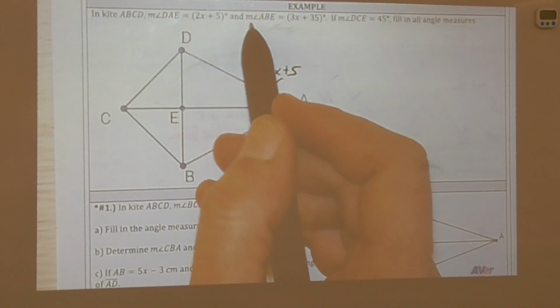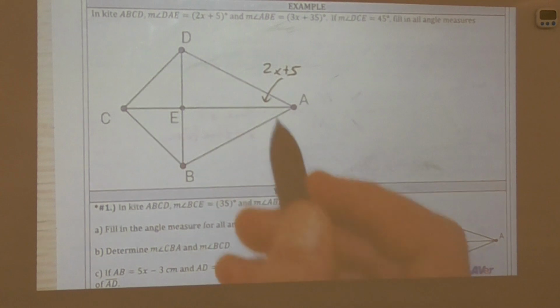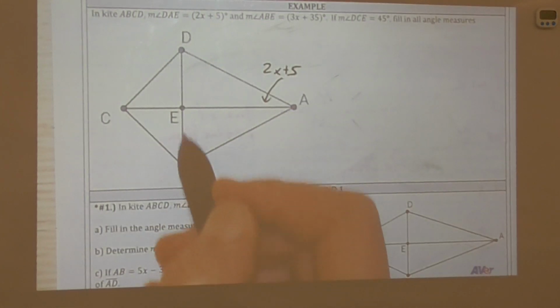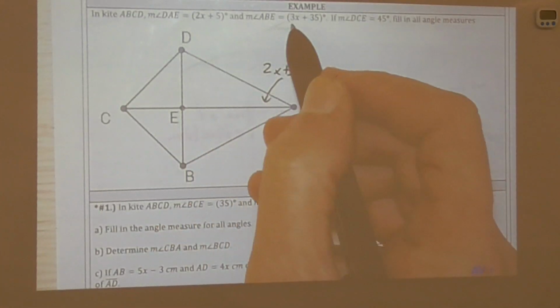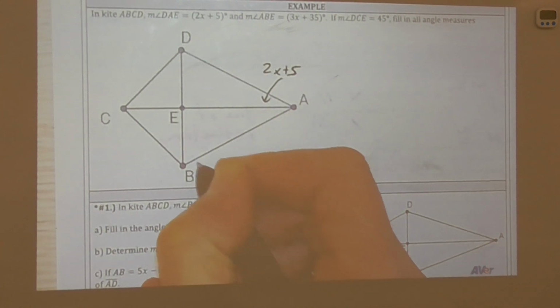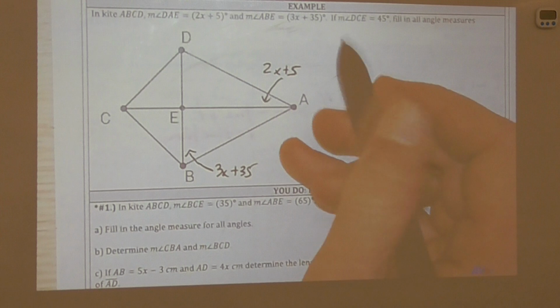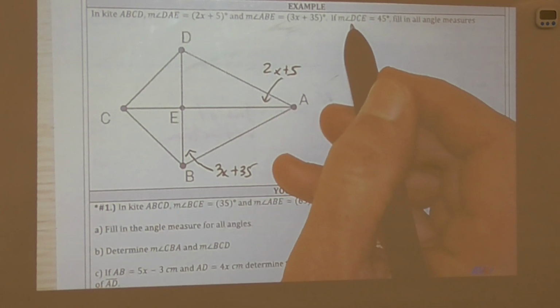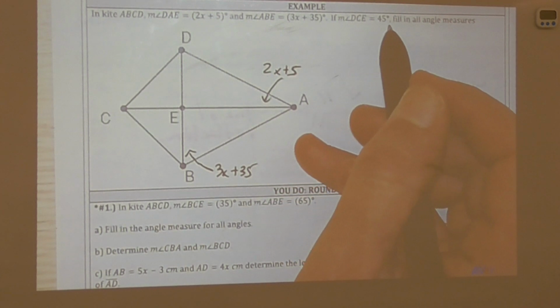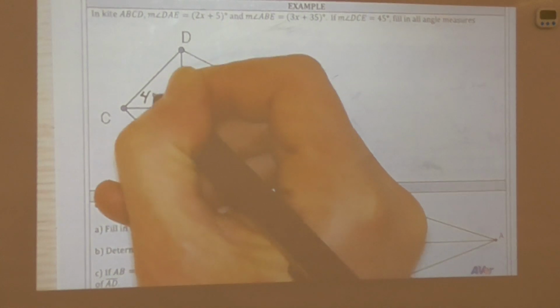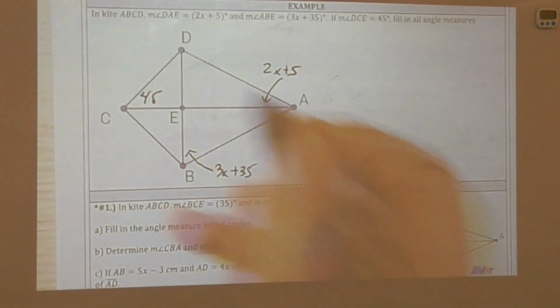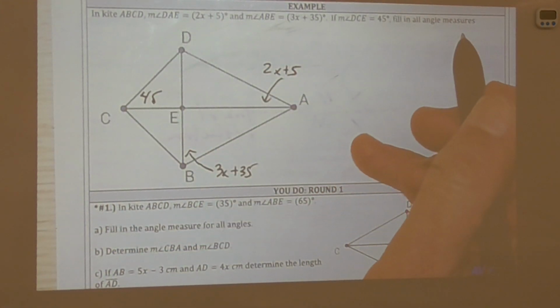And angle ABE is 3x plus 35. If angle DCE is 45, fill in all angle measures.